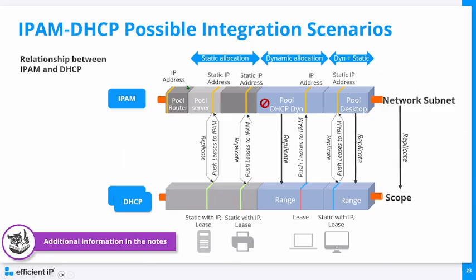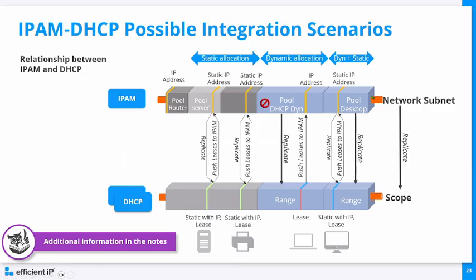Now, you know the integration from IPAM to DHCP. When you create a subnet in IPAM, it will create a scope in DHCP. You understand that already, right?